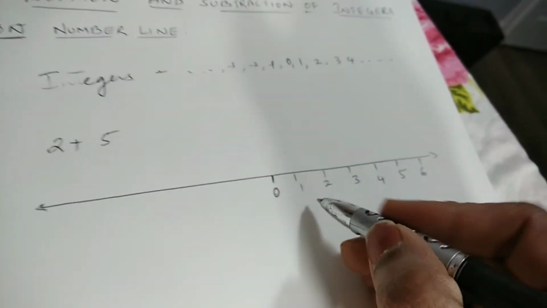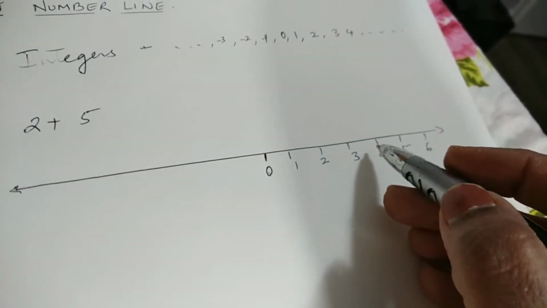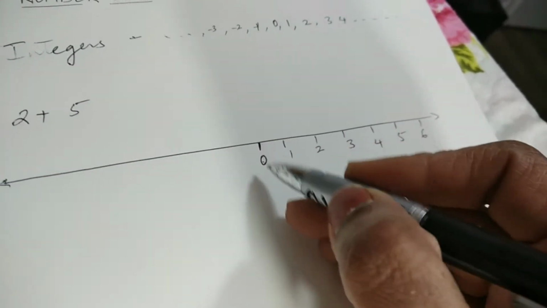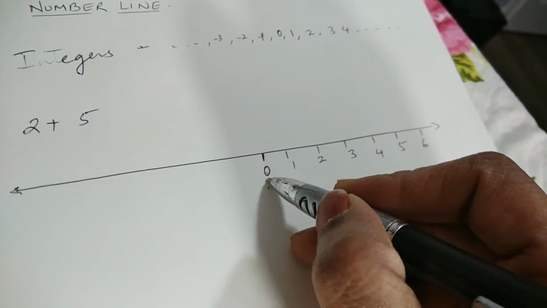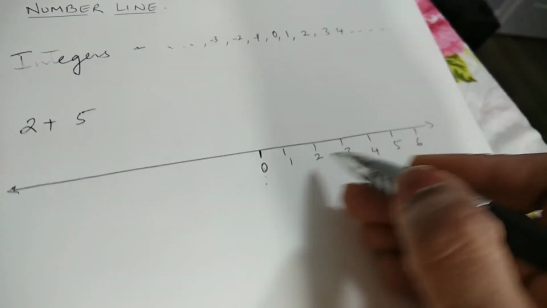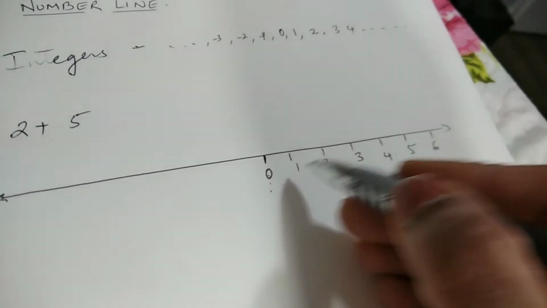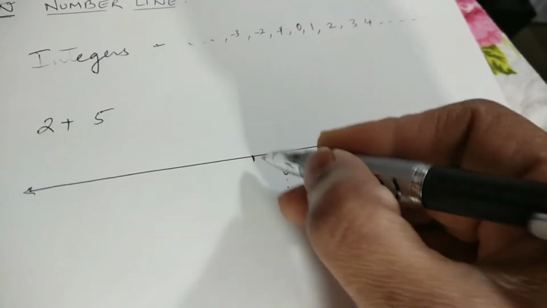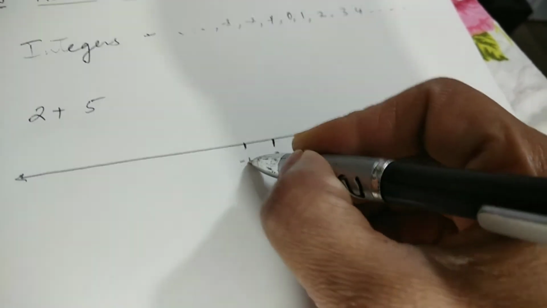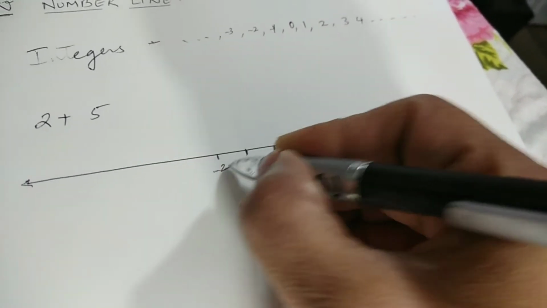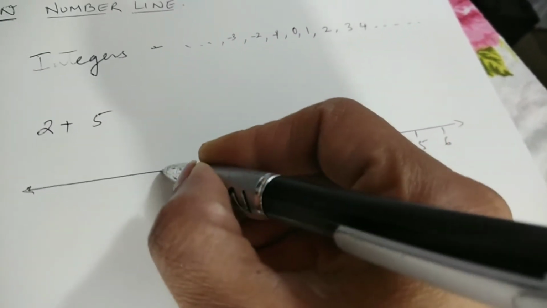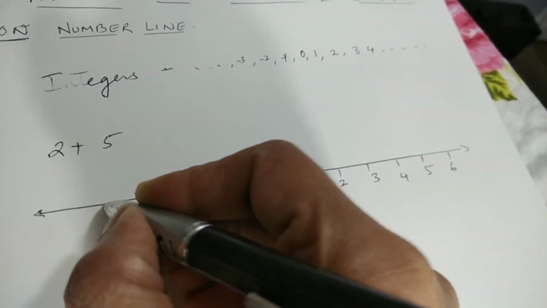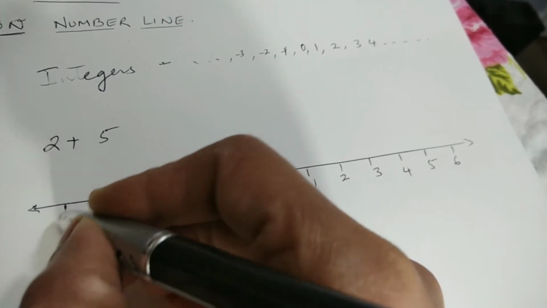While drawing the number line, you can make use of a scale. First make a center, anywhere in the center you make a 0, and then write the positive integers 1, 2, 3, 4, 5, 6, and then on the left side with equal intervals draw -1, -2, -3, -4, -5, -6, -7.